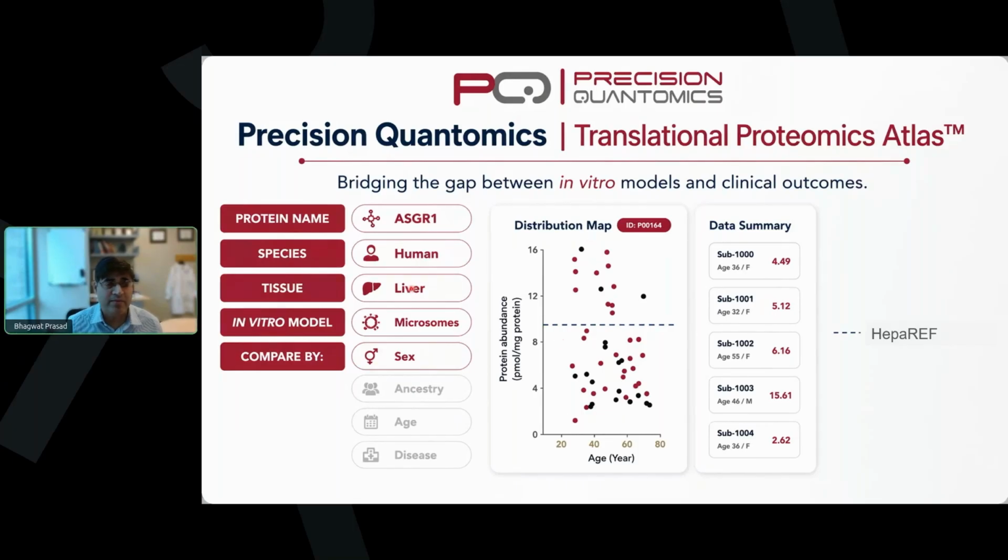We have looked at, this is a case of ESR1, for example. And what we are highlighting here is their distribution in terms of age versus their protein abundance in this distribution map. And what we then compare is our HAPRF, which is the pooled sample that is showing the expression right in the middle here.